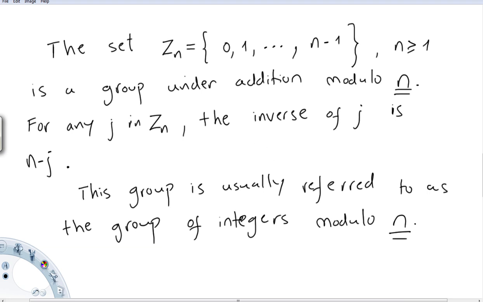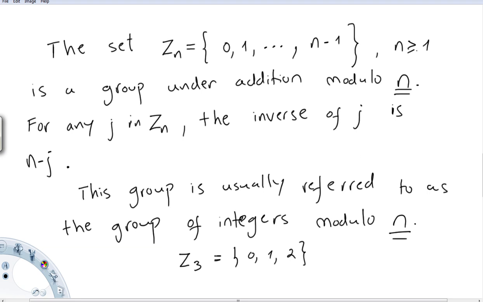The set Zn, 0, 1, etc. So for instance, Z3 will be 0, 1 and 2, because you stop at n minus 1, so at 2.